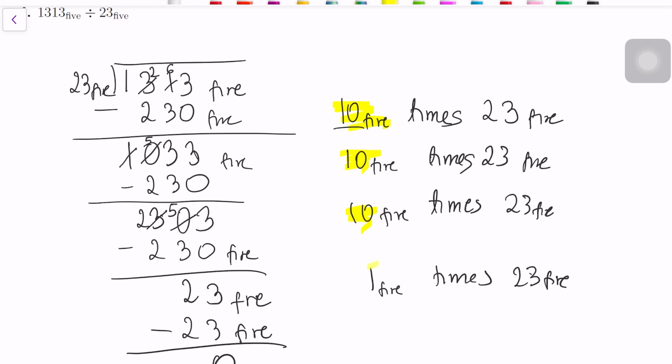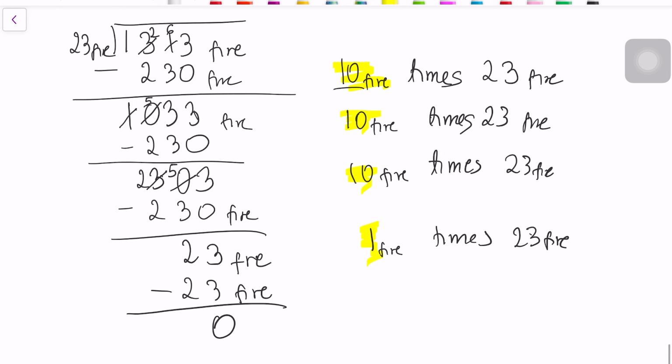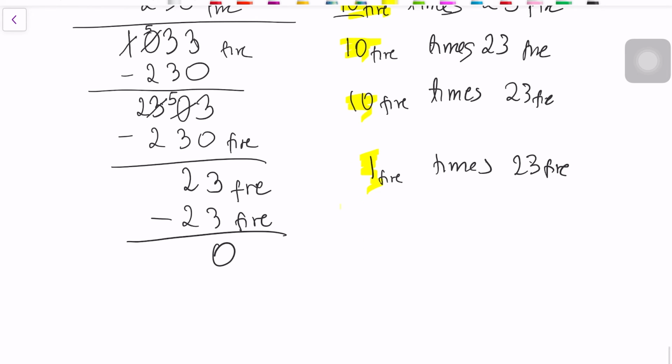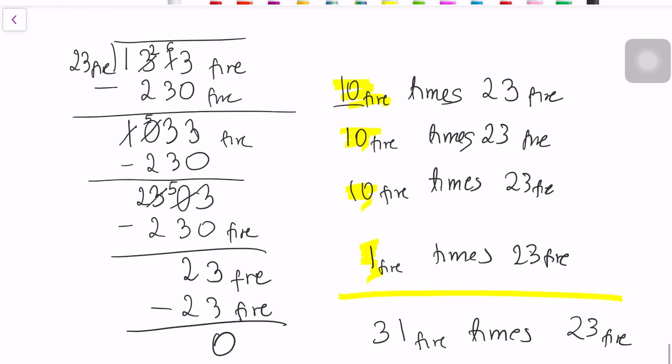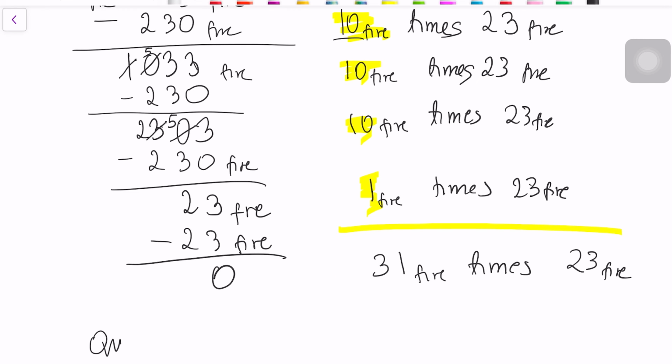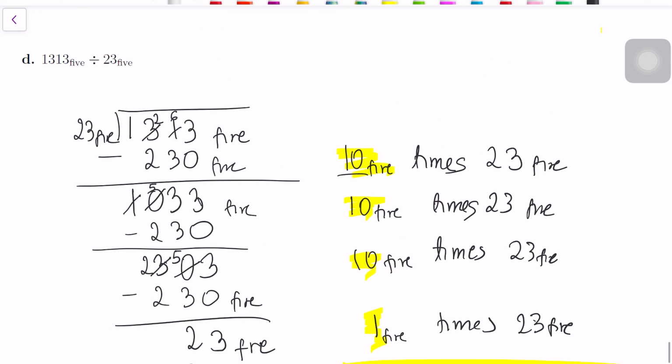So combine how many times I fit 23? 31 times. 31 times 23 has been fitted in my number, which means that's the solution. So the quotient of this division is 31 and the remainder is 0, which means this is just 31, the solution of this division.